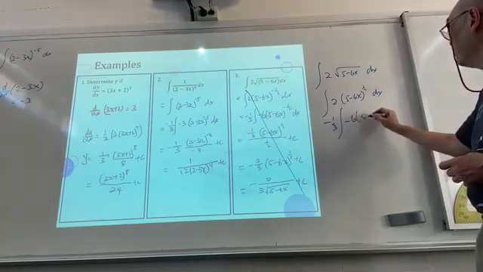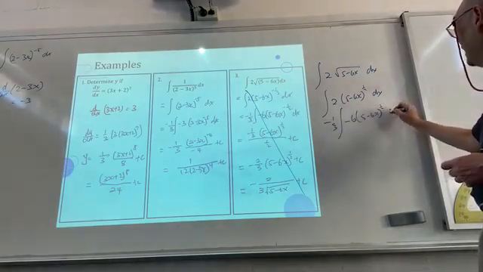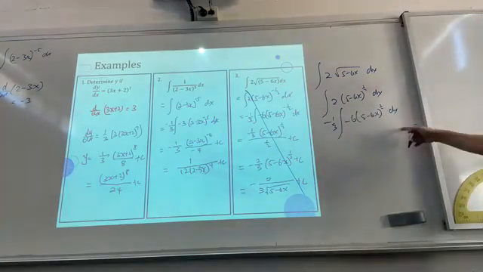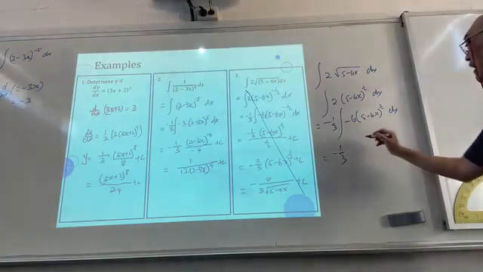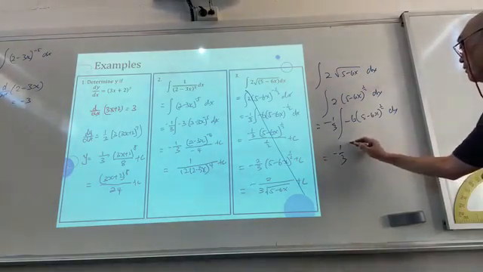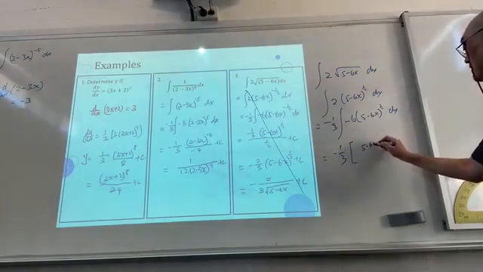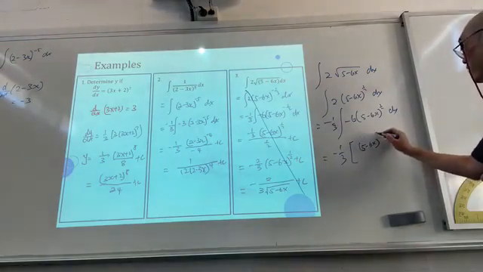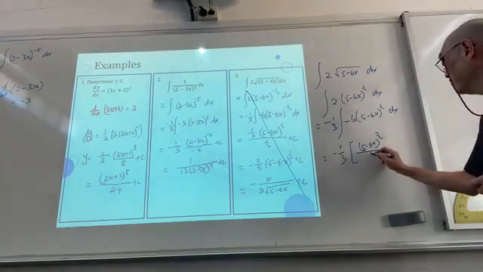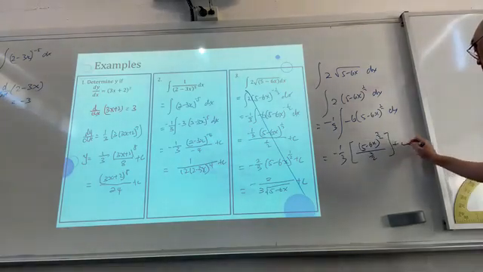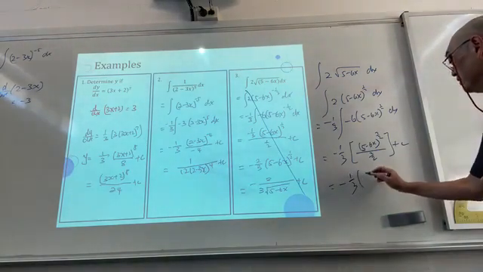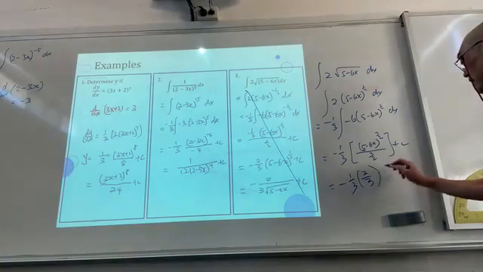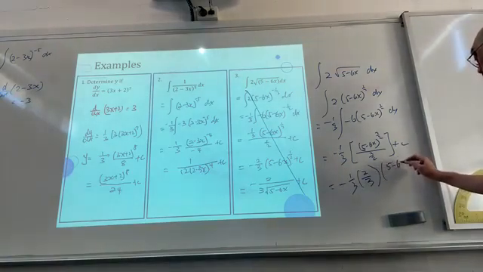That would be minus 1/3, (5 minus 6x) to the power of 3 over 2 divided by 3 over 2 plus c, which is minus 1/3 times 2 over 3, (5 minus 6x) to the power of 3 over 2 plus c.